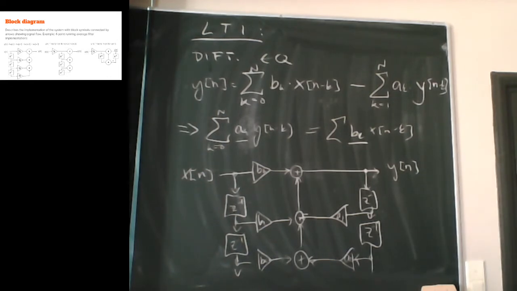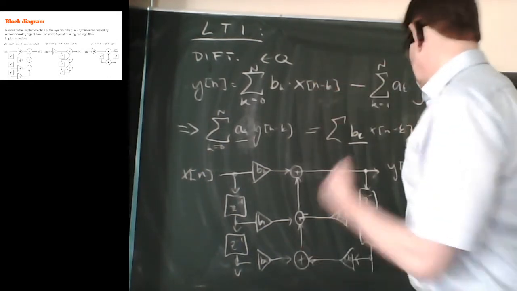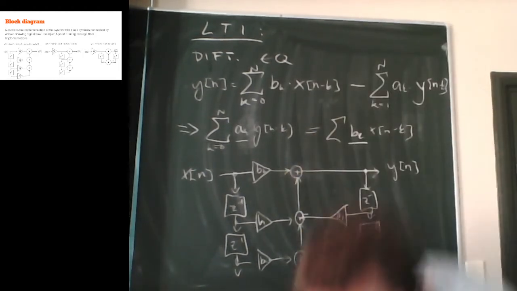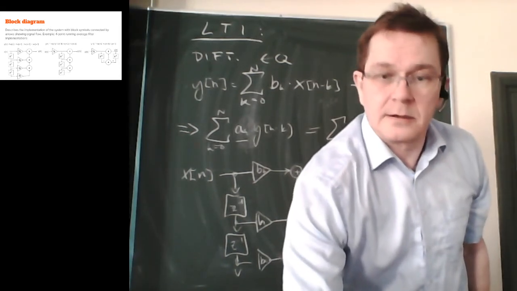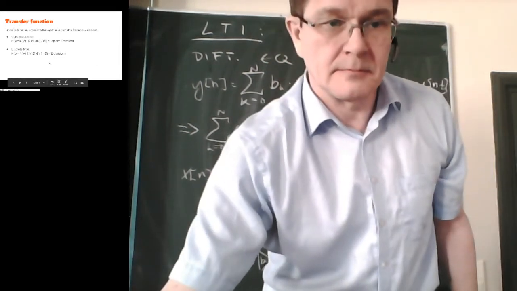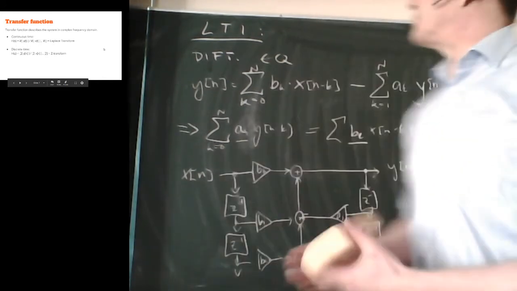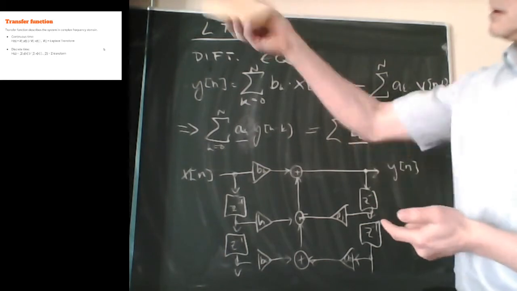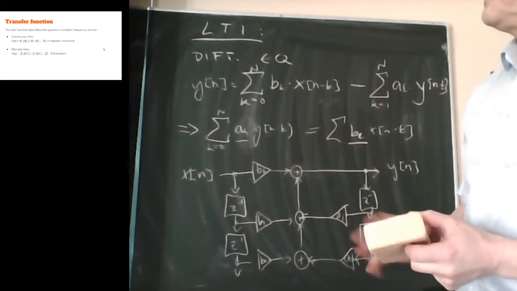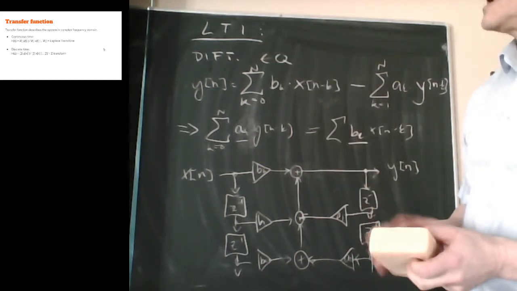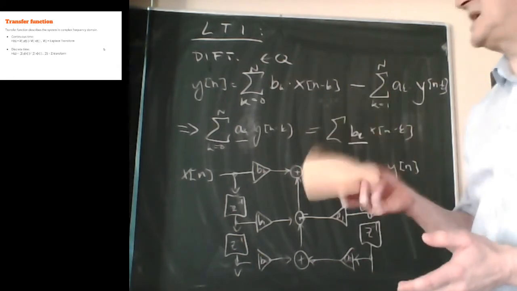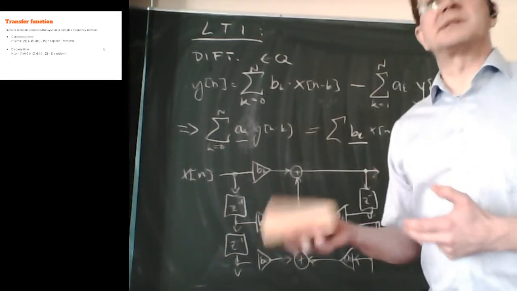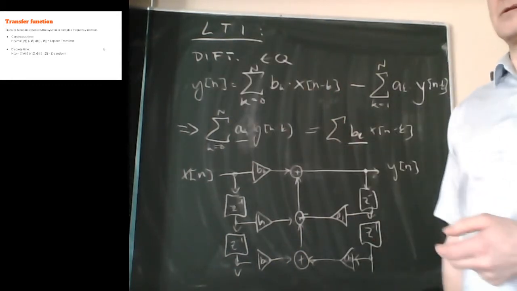When you have the difference equation, you can go to the next step, which is the transfer function. The discrete time transfer function is the Z transform of the output divided by the Z transform of the input, similar to the analog transfer functions.